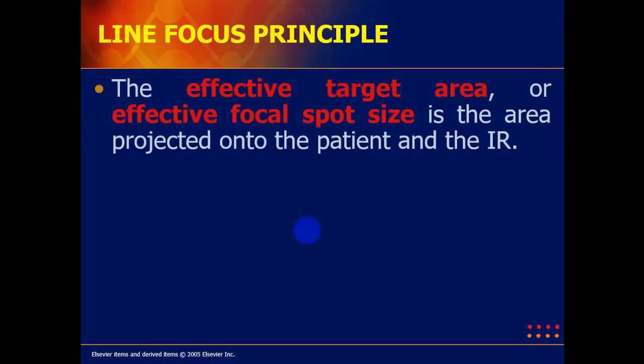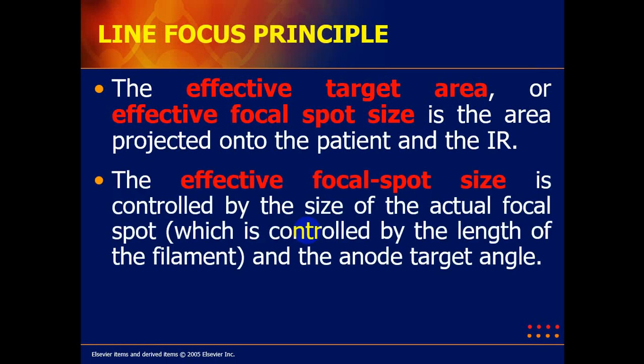Line focus principle. The effective target area or effective focal spot size is the area projected onto the patient and the IR. The effective focal spot size is controlled by the size of the actual focal spot, and it is controlled by the length of the filament and the anode target area.